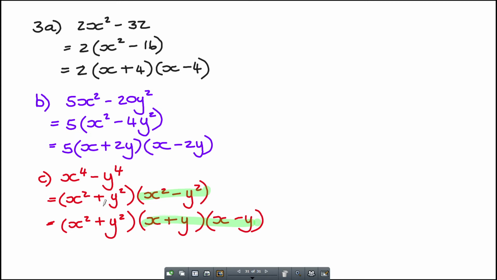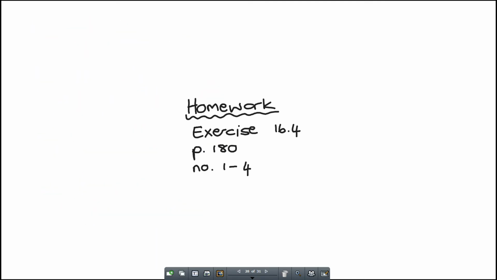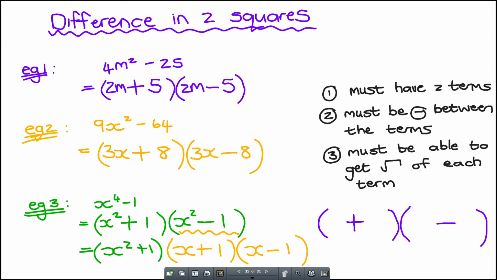The first bracket has got a plus. You can't. Remember the 3 requirements for difference in 2 squares. I'm going to quickly skip back. The 3 requirements are over here. Must have 2 terms. Must be a minus between them. Okay.